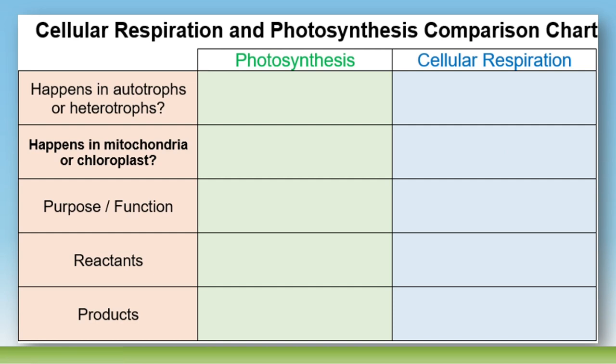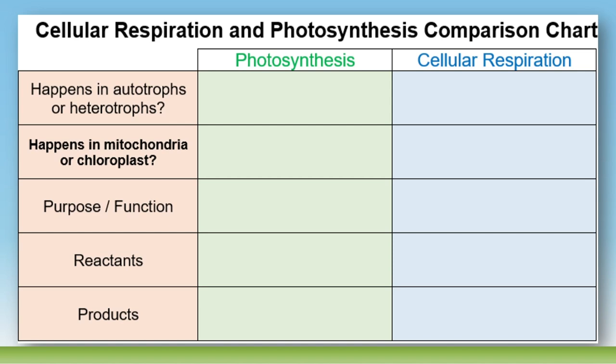Okay, so let's do some reviewing. Cellular respiration and photosynthesis comparison chart. Okay, so on the left you have photosynthesis, on the right you have cellular respiration. So, happens in autotrophs or heterotrophs. Remember that autotrophs are your plants and heterotrophs are your animals.